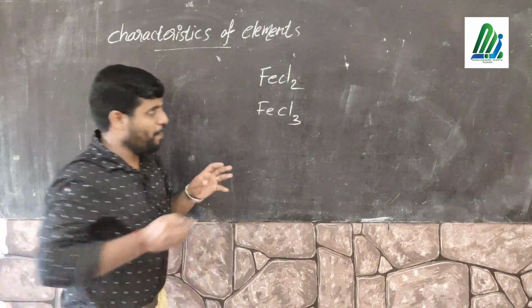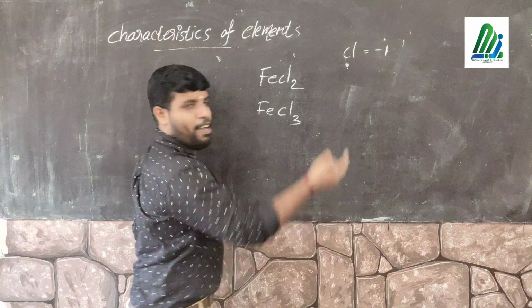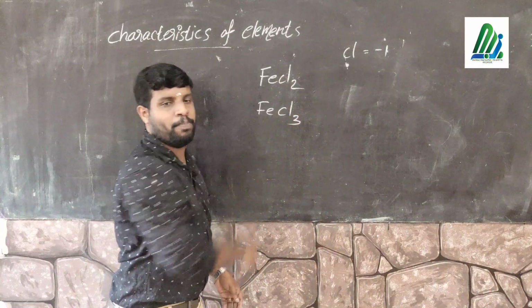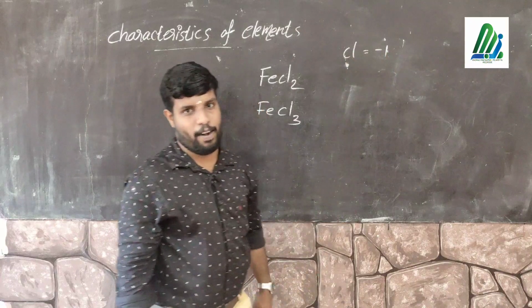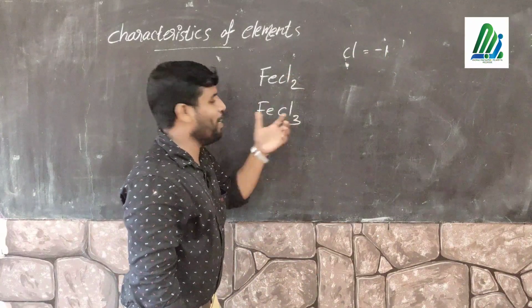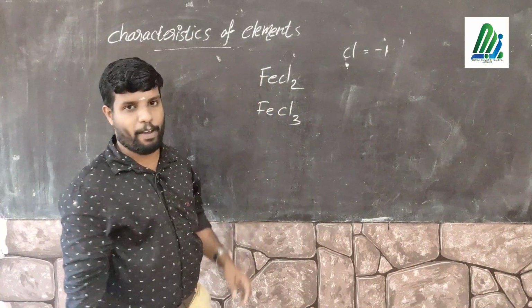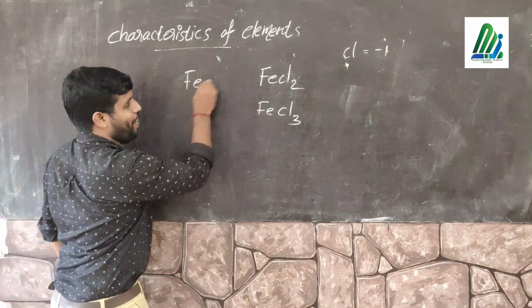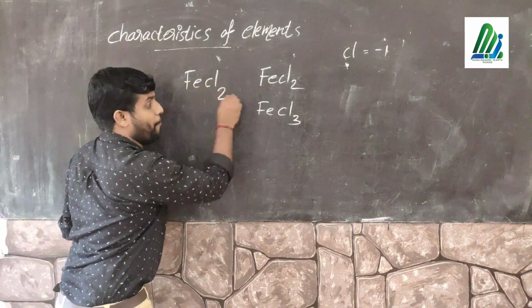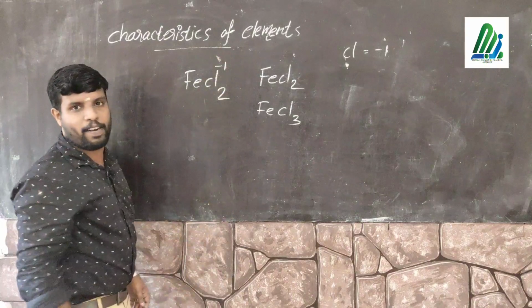Okay, in these 2 compounds, we want to find the oxidation state of Fe. We know that the oxidation number of chlorine is -1. We have explained that just before. By putting that value in here, we have to find the oxidation state of Fe also. For example, in the case of FeCl2, chlorine's oxidation state is -1.